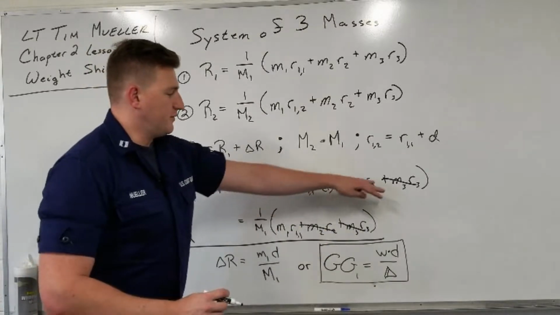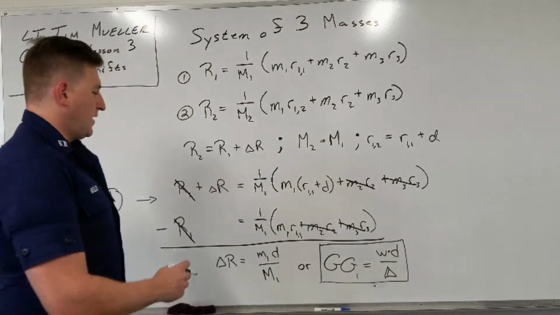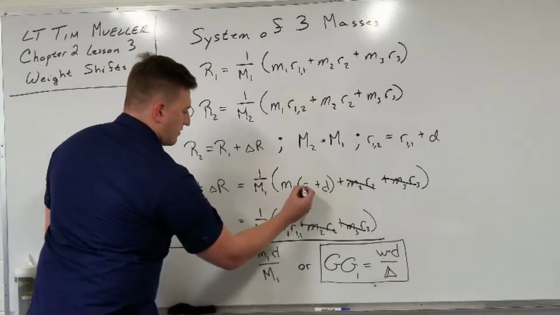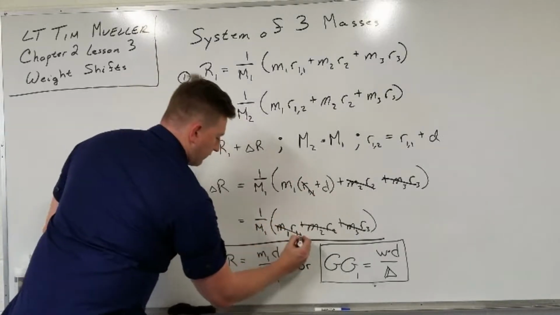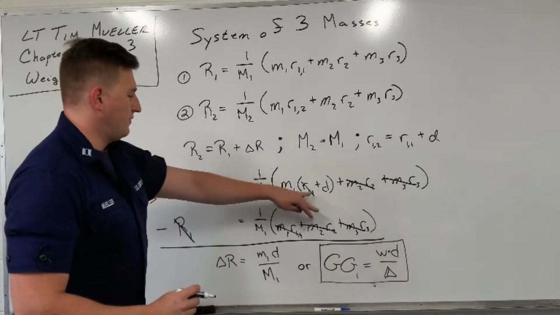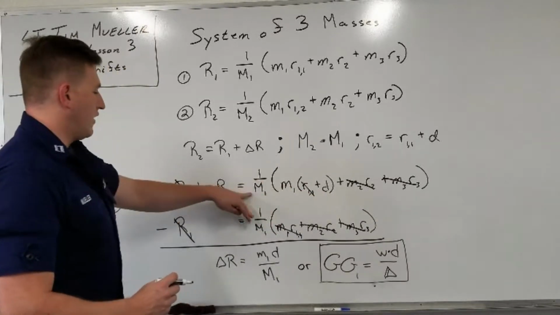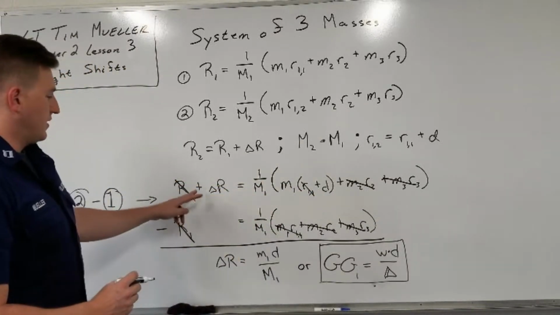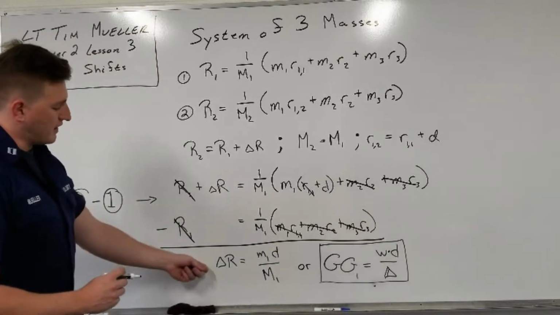The M2 R2 and M3 R3 cancel out. And actually, we're left with this, which will cancel that R11 with all of that. Now, all we're left with is M1 times D, all divided by the total mass of the system, equals delta R. And that's what we have here.